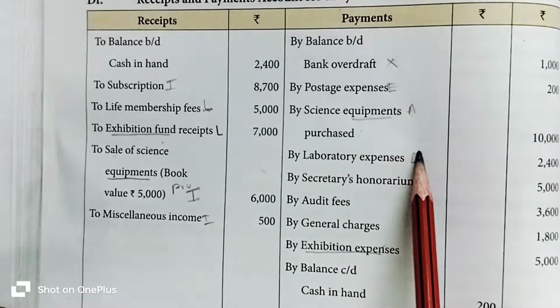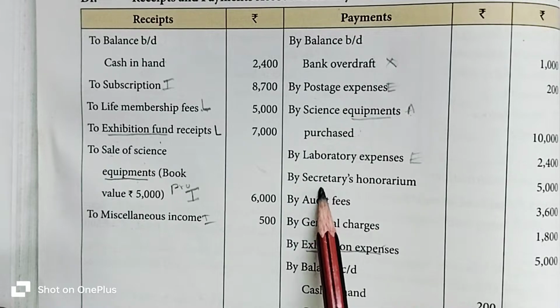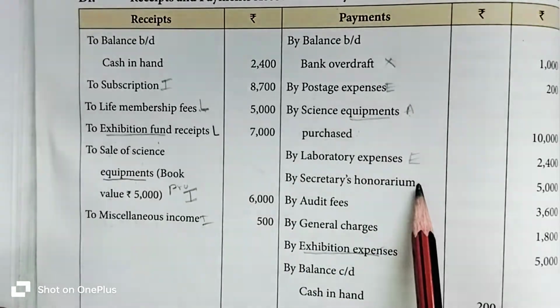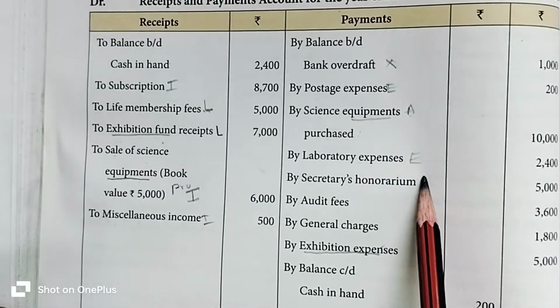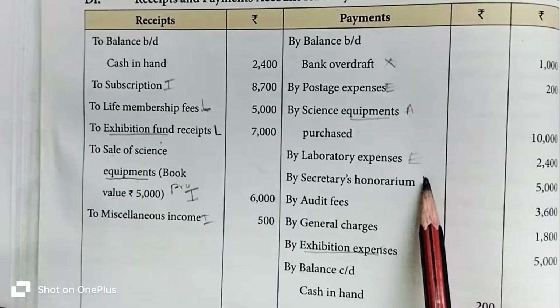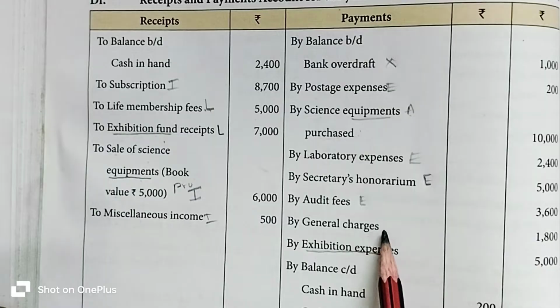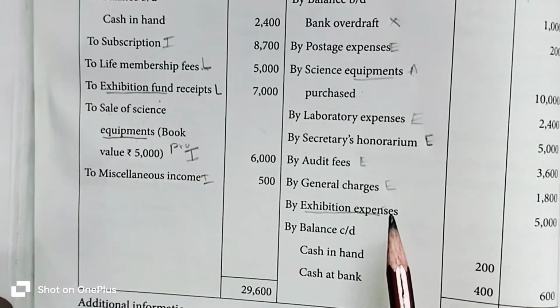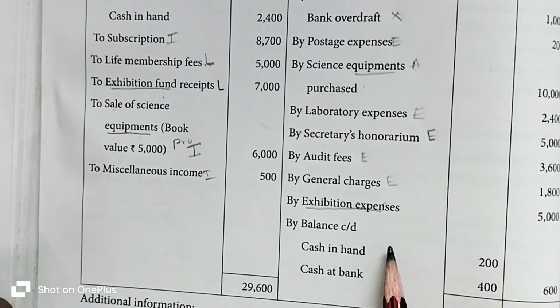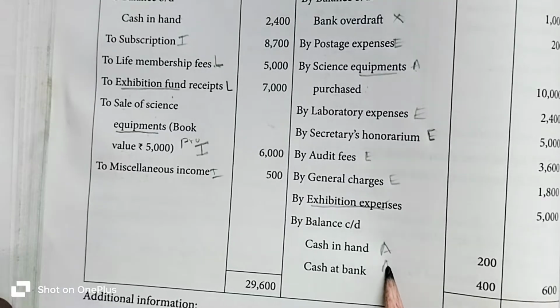Laboratory expenses is an expense. Secretary honorarium, it's like a remuneration, salary, it's an expense. Audit fees is an expense. General charges is an expense. Then the closing balance of cash in hand and cash at bank will appear on the asset side.